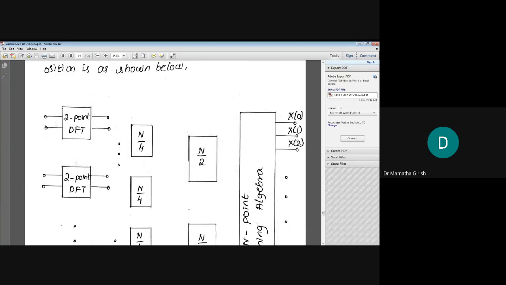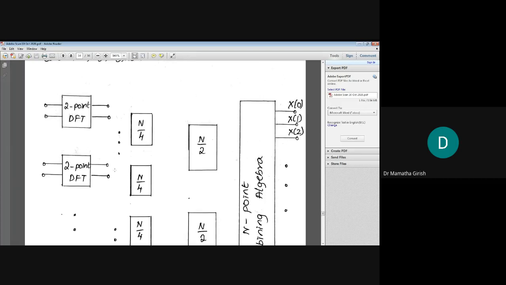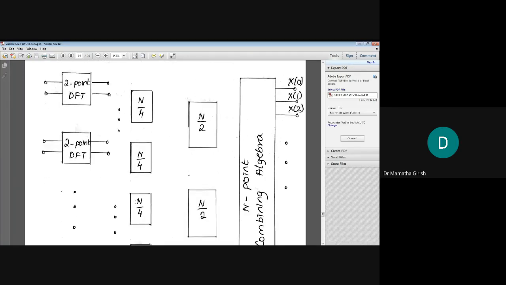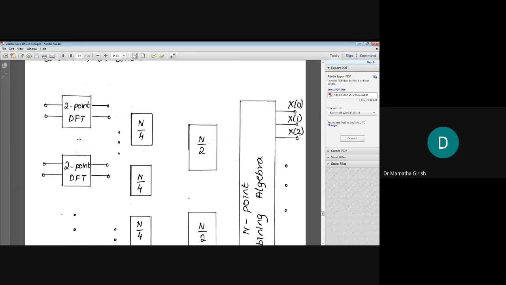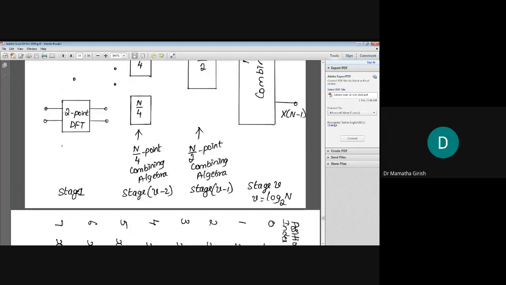Then take this n by 4, split it into 2 n by 8 DFTs, and so on. This procedure goes on and on till I end up with only 2-point DFTs. My DFT should have only 2 inputs and 2 outputs. Till I get this 2-point DFT, the whole process continues.